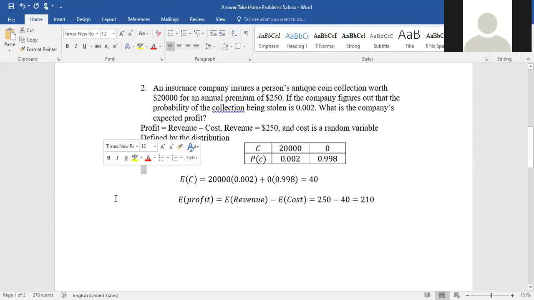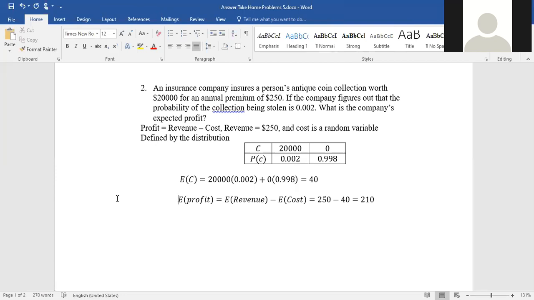So the expected cost here will be 20,000 times 0.002 plus 0 times 0.998, which is 40. So the expected cost in this business to the company is $40.